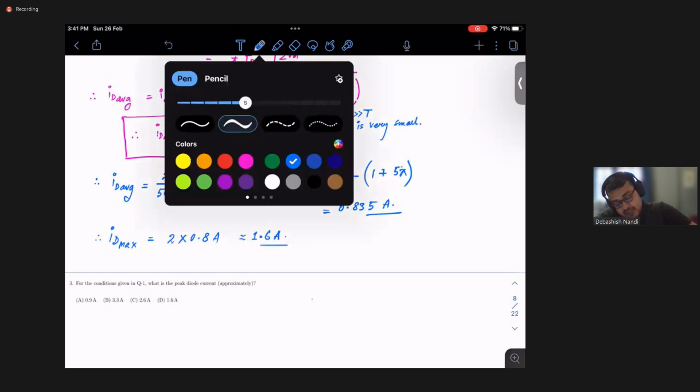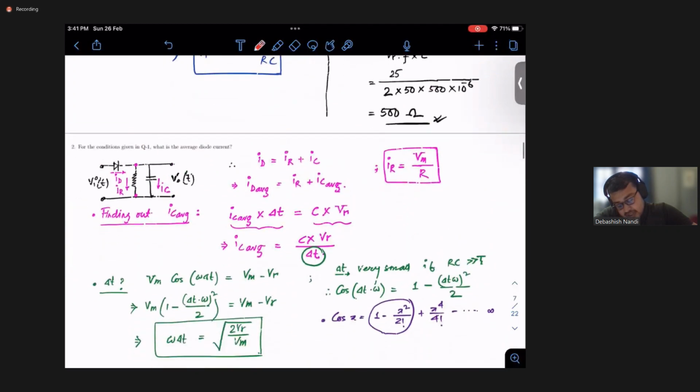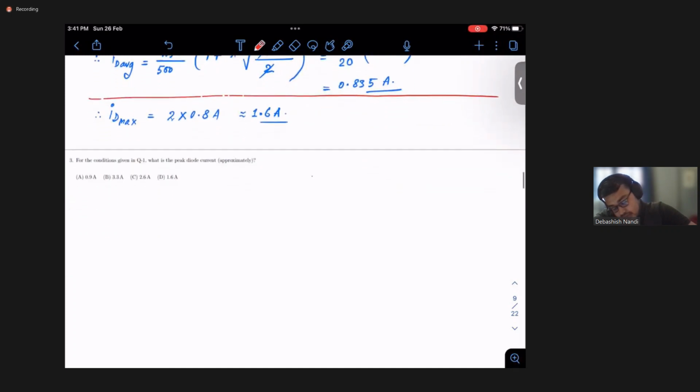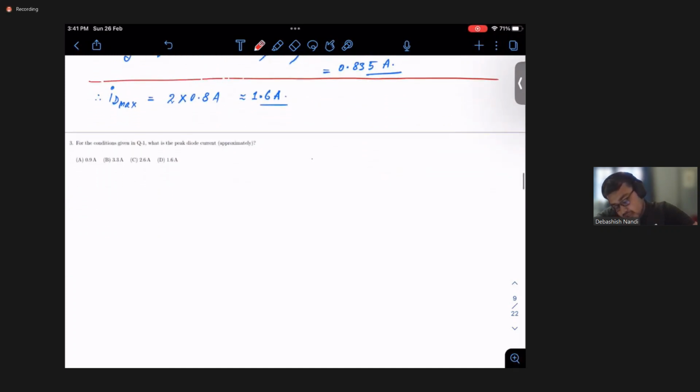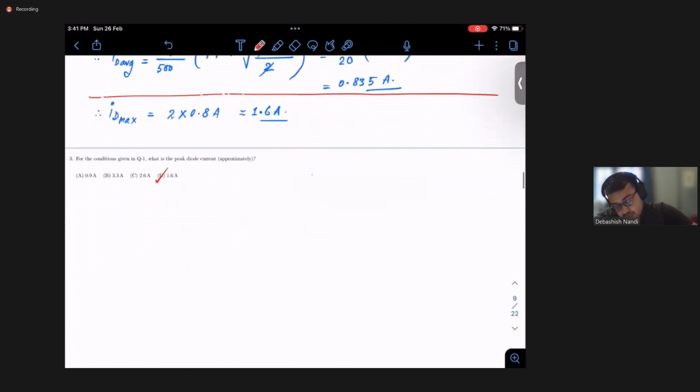Actual exact expression, if you find out, and how do you find out that exact expression of ID max? Oh, next question is this only. The peak diode current ID max is nothing but 1.6. There was no option for 2, right? So how do you find out? Let me tell you the steps.